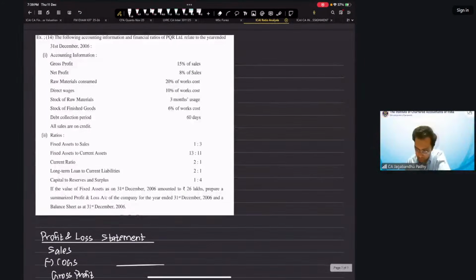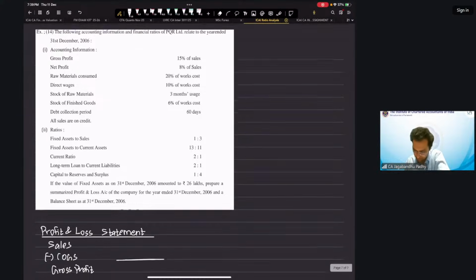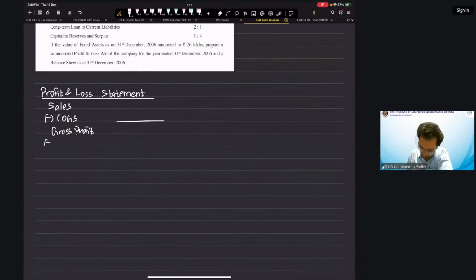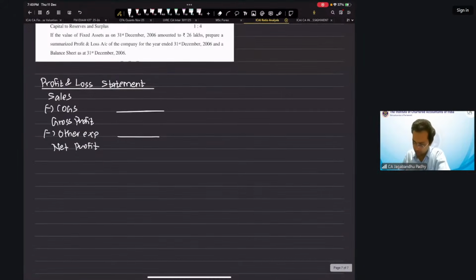Then from that, we will have to compute the net profit also. Long-term loan is there. Debt collection periods, all sales are on credit. Fixed asset, capital reserve. So less other expenses, which will give you net profit. This is the statement format for P&L.